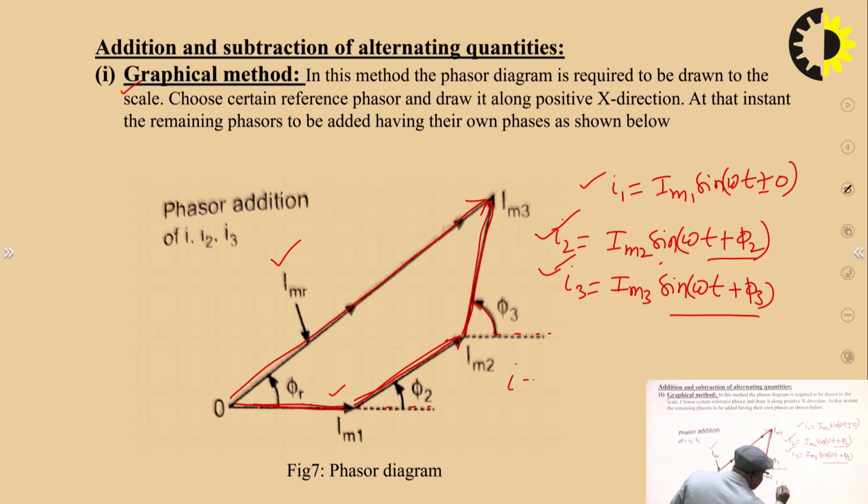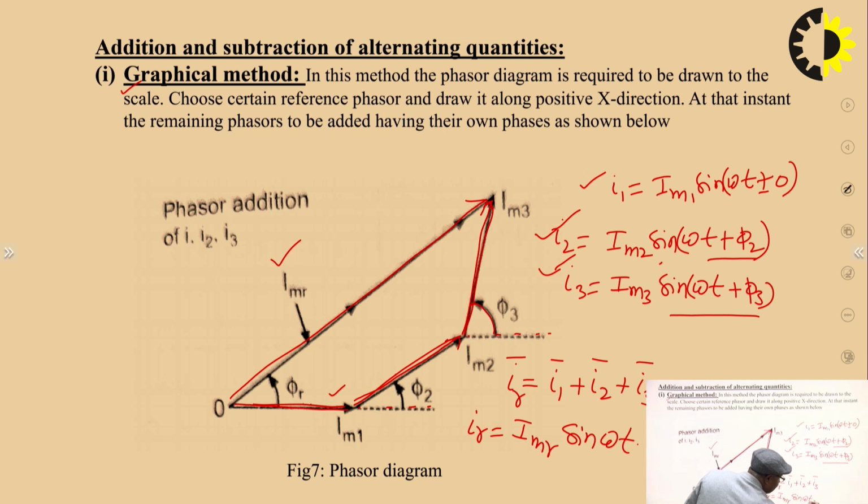The resultant IR will be I1 plus I2 plus I3, and in phasor form IR will be IMR sin(omega t plus phi r). This means the peak value of the resultant is IMR and the phase angle of our resultant current is phi r.